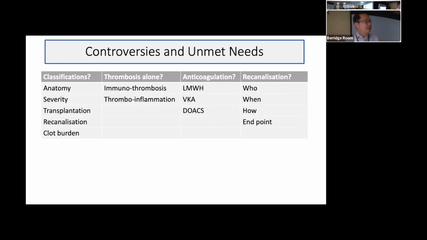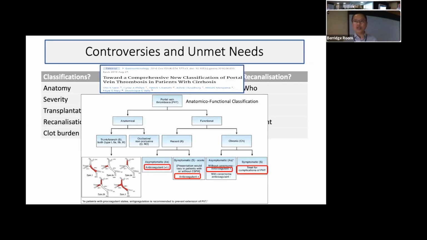The role of anticoagulation is also very uncertain, and there is a lot of debate in terms of what type of anticoagulation to use, and also for how long and in which group of patients. And finally, when do we actually recanalize the patient, and under what circumstances do we recanalize them? So there is a lot of controversy.